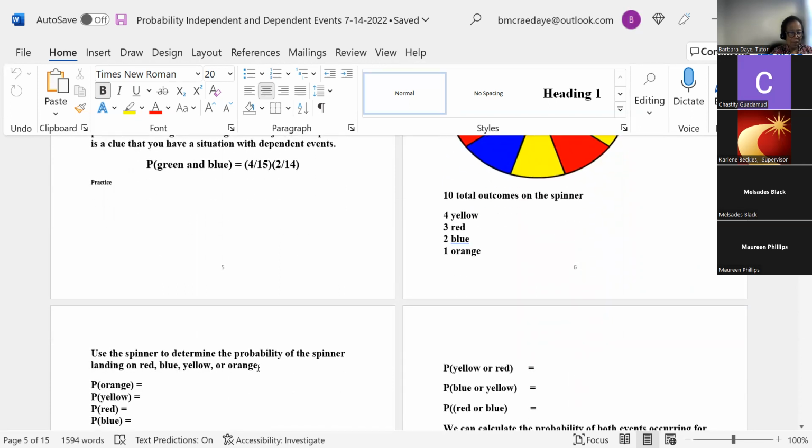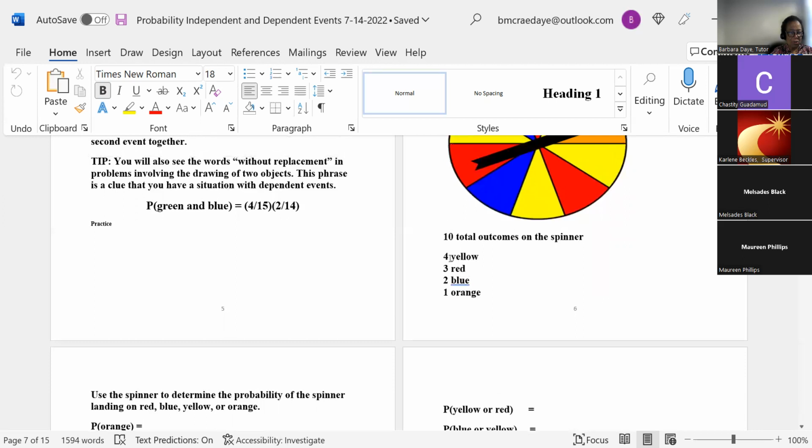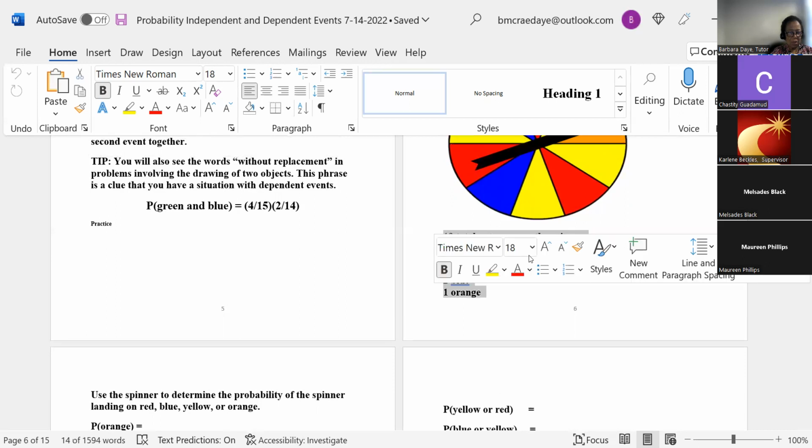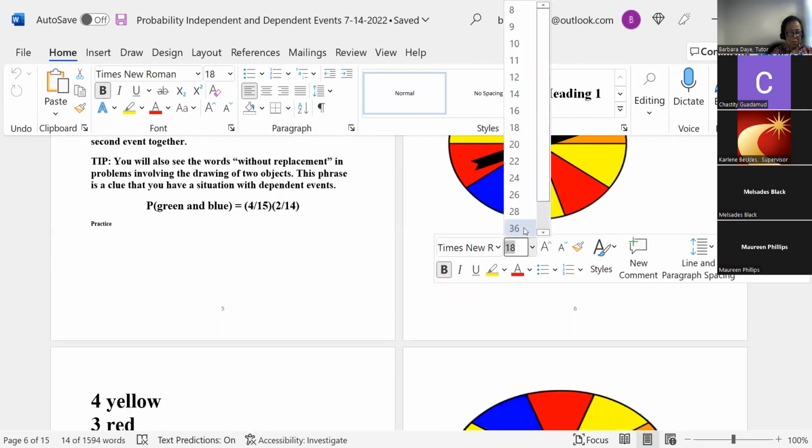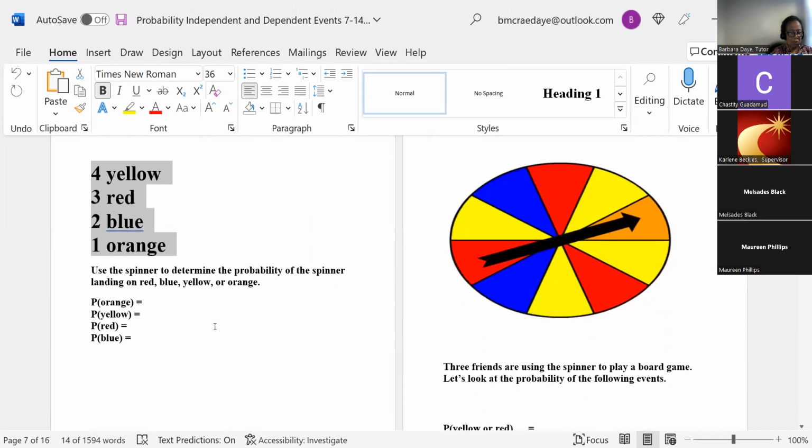Now, what's the probability of getting an orange? Do you see this spinner? I put the total here. Let me just make it bigger. 4 yellow, 3 red, 2 blue, 1 orange.